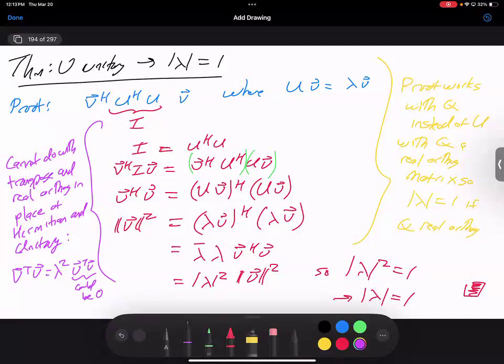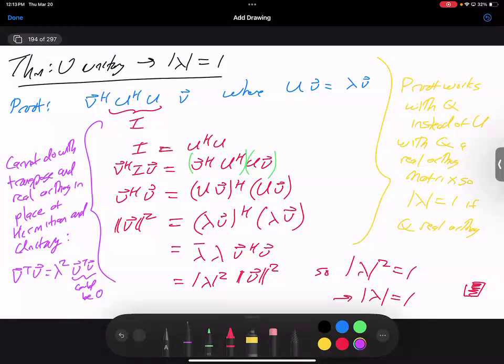Well, do we know lambda is real if V transpose V is not 0? Yes, right? If V transpose V is not 0, I can cancel it from both sides and I get lambda squared equals 1. What are the only things where lambda squared equals 1?